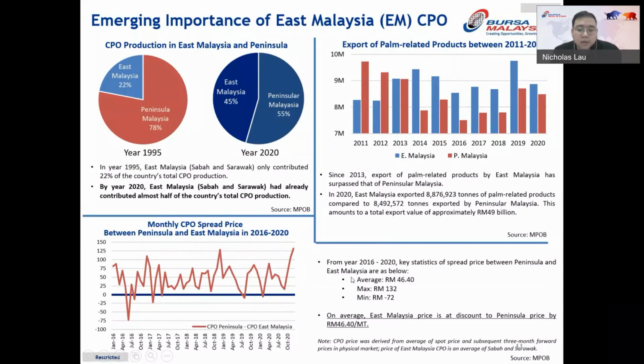As we can see from the chart below, the spread price between Peninsular Malaysia and East Malaysia typically hovered around the range of 46 ringgit, with the highest difference being 132 ringgit, while the lowest minimum would be minus 72. So on average, East Malaysia's crude palm oil price was trading at a discount compared to Peninsular Malaysia.